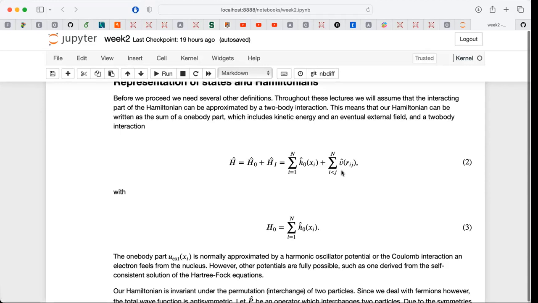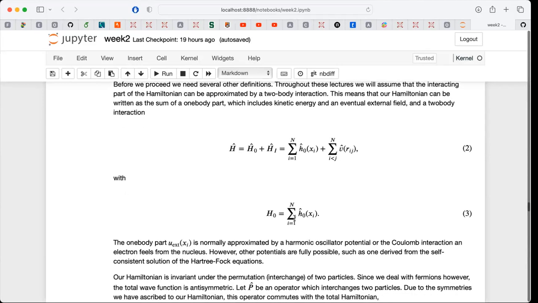And since this is an operator which acts on every single particle, it's normal to rewrite this in terms of a sum, so that we would have a many-body operator, but which is composed of just single particle operators. And these operators could, as I said, represent kinetic energy plus some kind of potential which confines the motion of the particles we are looking at.